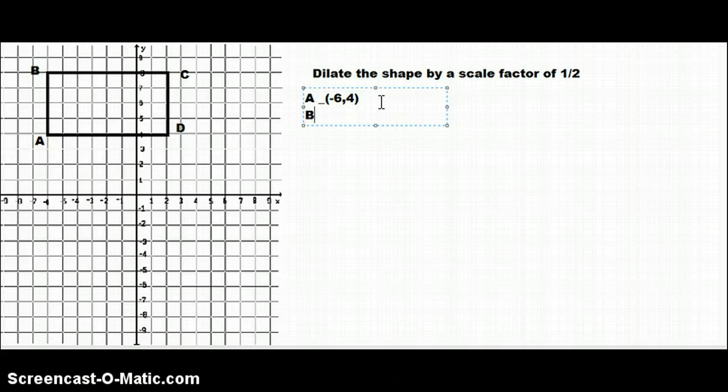B is -6, 8. C is at 2, 8. And D is at 2, 4.